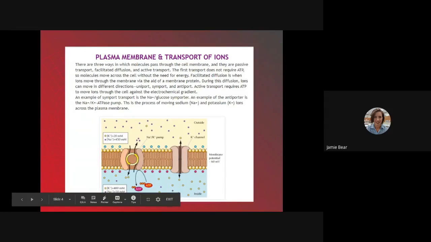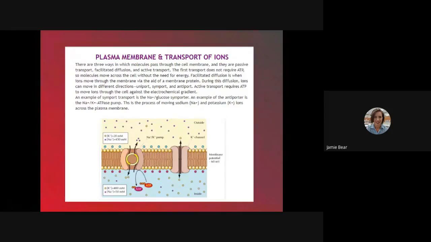Just a little summary here, talking about the plasma membrane and transport of ions. There are three ways in which molecules can pass through the cell membrane: passive transport, facilitated diffusion, and active transport. The first is what we've been talking about quite a bit, basic diffusion.